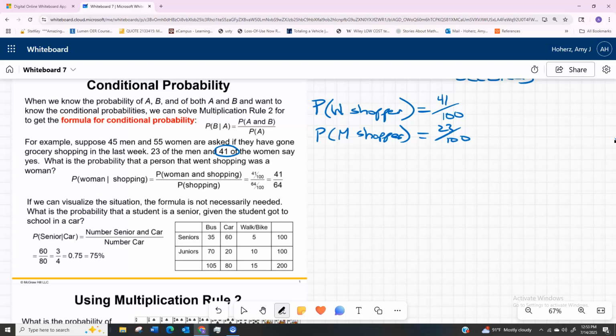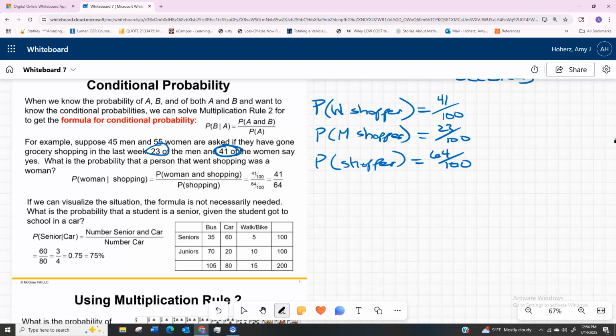The other thing that we need is just the probability that one of the people is a shopper. So if you just picked a random person, what's the probability that they were a shopper? Well, in this case, there were 23 men shoppers and 41 women shoppers. So that is a total of 64 out of the 100 that were shoppers. And of course, if we needed non-shoppers, that would be the other 46 that were left.